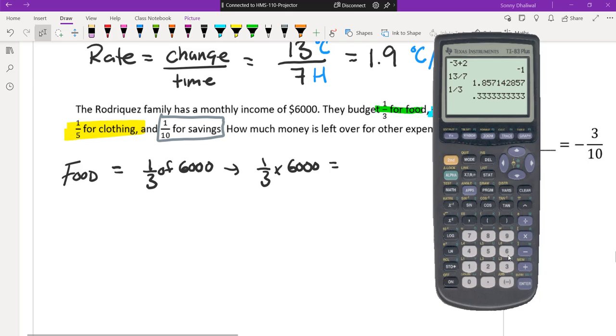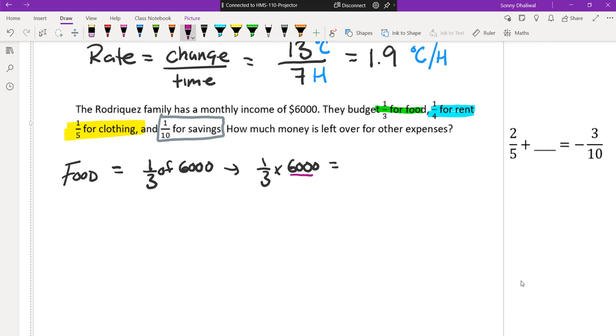And we multiply that by 6,000, and it should be 2,000. Or, if you don't like the way that looks, just remember this is just 6,000 over 1. You multiply the tops together, multiply the bottoms together, and go top divided by bottom. What's 6,000 divided by 3? It is 2,000.